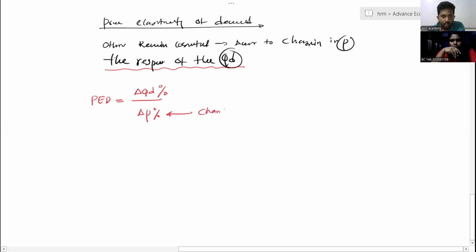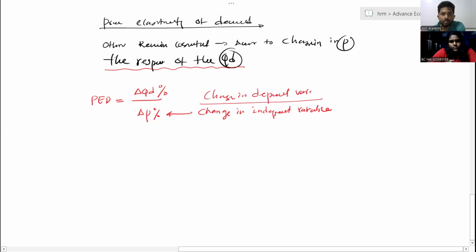This is the change in independent variable. This is the change in dependent variable. After dividing the change in dependent variable by the change in independent variable, you can find the price elasticity of demand or elasticity amount.